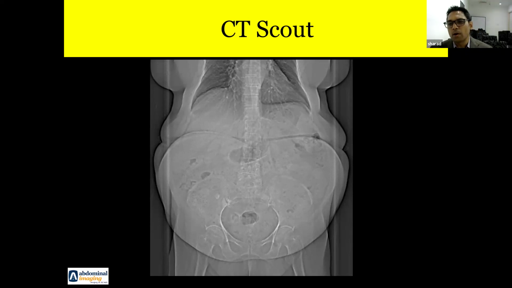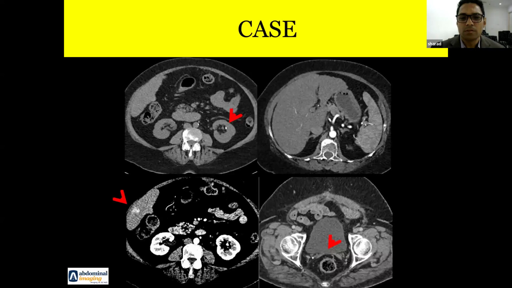So considering her body habitus, instead of ultrasound, we sent the patient for a CT scan. So she didn't have an ultrasound, directly a CT scan. And what we see is that this liver was quite fatty and the margins were nodular. And at the same time, we saw a focal hypervascular lesion in segment 6 of the liver.